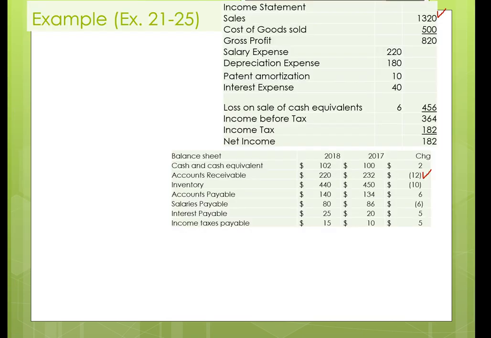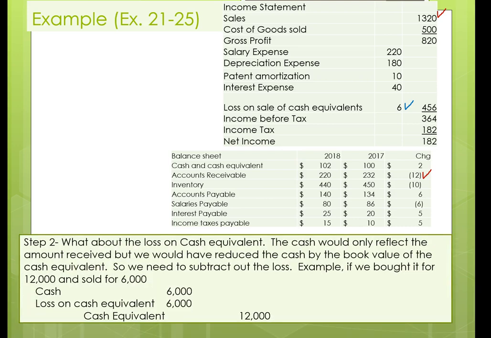Now we have one little strange issue, and it's only on this problem, it's not in any of your homework, and that is we have a loss on the sale of a cash equivalent. Now normally we don't worry about any gains or losses, but when it has to do with the cash account, when we're doing the direct method, we have to adjust for it.